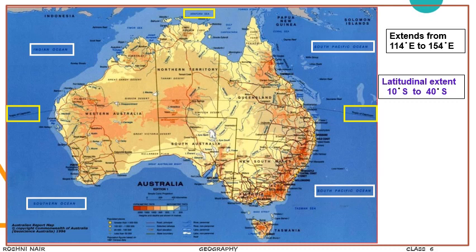The Tropic of Capricorn, which is also known as 23.5 degrees south latitude, passes through the middle of this continent. That is an important point for us to understand. I had given you questions on this in the previous video lesson PDF also.